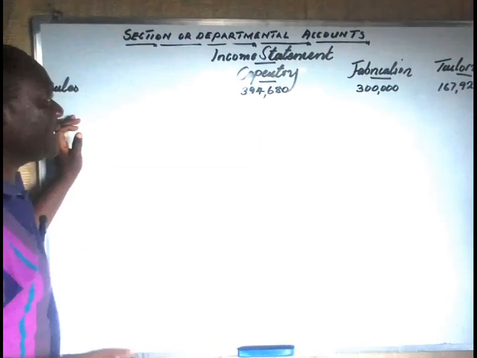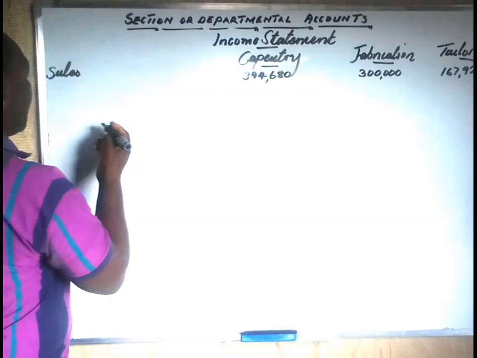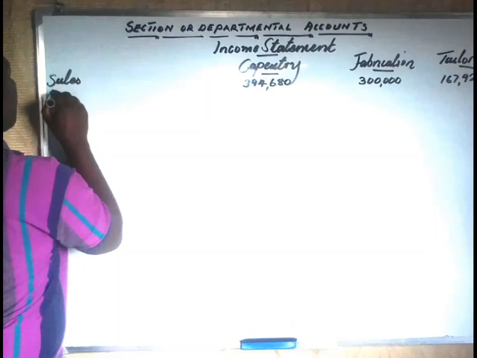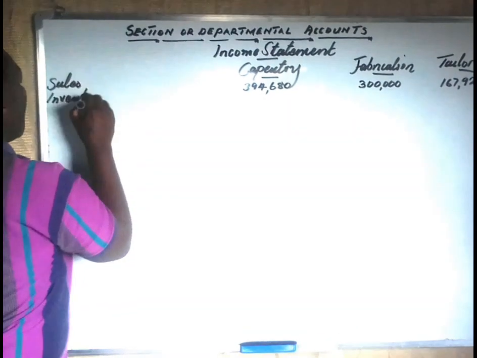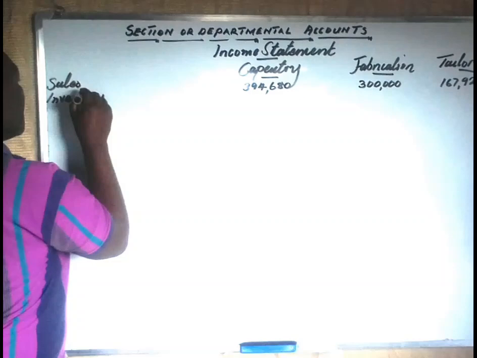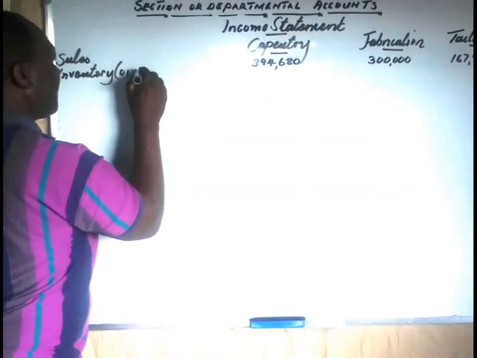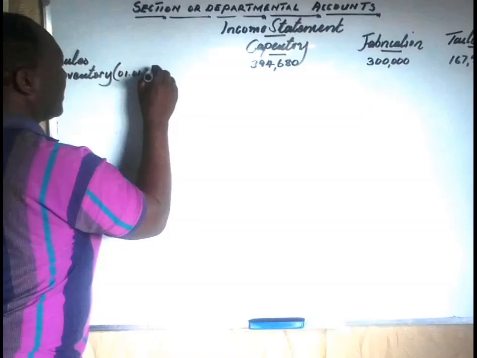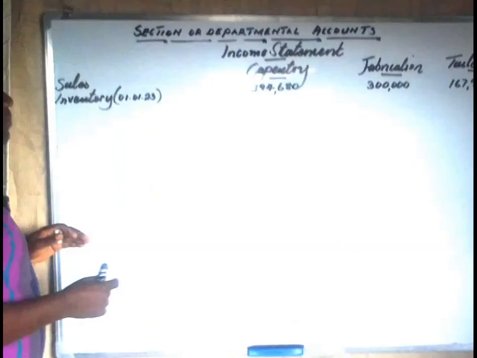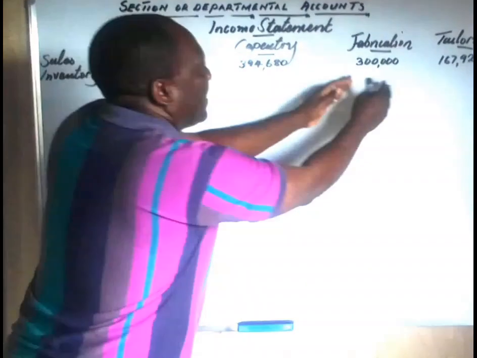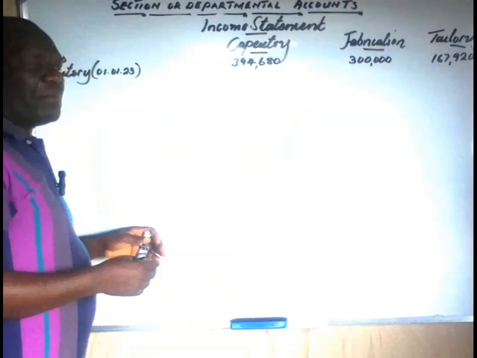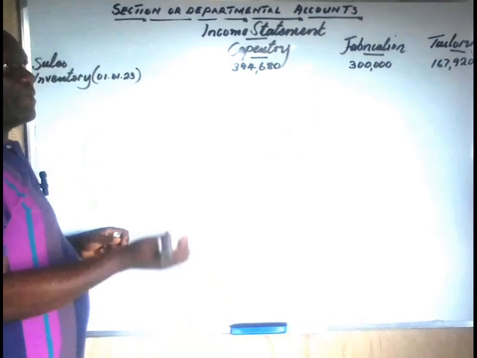The next item will be our opening inventory. So this is inventory as at 1 January 2023. Okay, I'm not going to put these figures directly here. Why? Because we have some adjustments that we need to make.